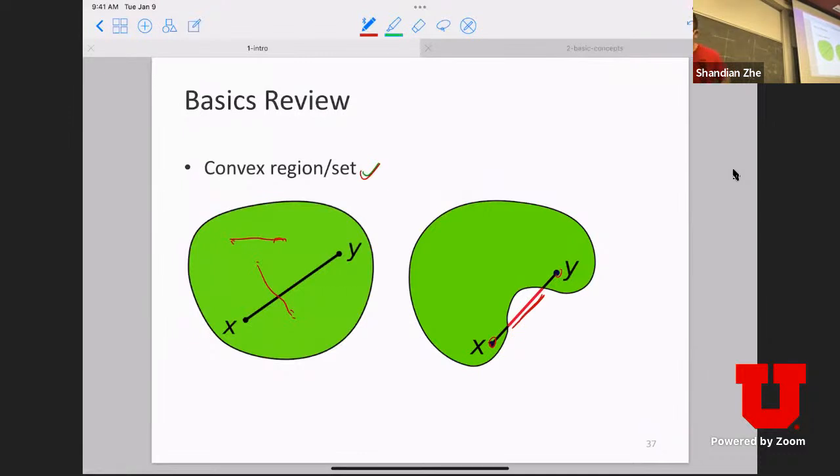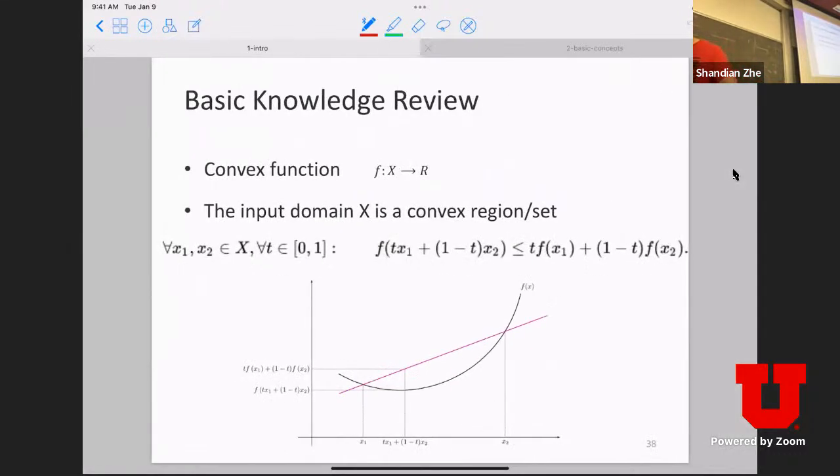Okay. So now, given a convex domain, we can define a convex function. The convex function requires that your input domain is convex.